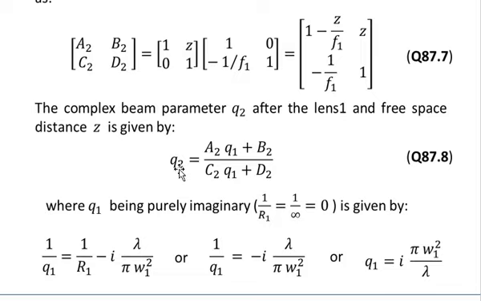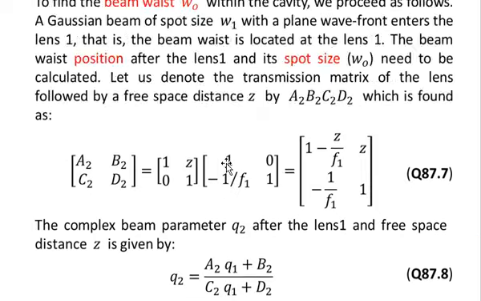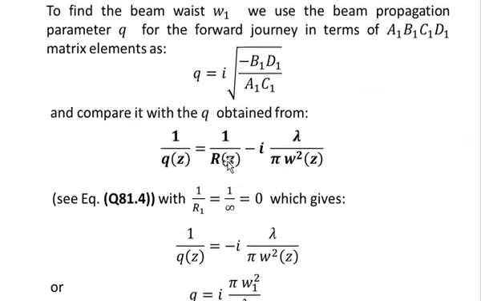If the radius of curvature after one round trip is the same as the initial one, then the field will repeat itself, which means that the resonator is stable. So using the property of the stability of the resonator, we can set Q2 equal to Q1 equal to Q. This will form a quadratic equation in Q.